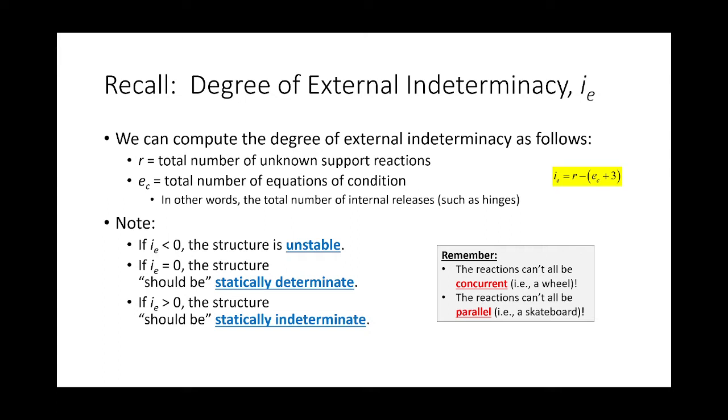If that value is negative, the structure is unstable. But if the value is non-negative, either 0 or greater than 0, it should be stable. It should be stable and determinate, or stable and indeterminate. And remember, there were some conditions for stability beyond just I equals 0. The reactions can't all be concurrent. You can't have all the reactions meeting at a common point, because then you have a big old wheel. The system cannot withstand moments. The reactions also cannot all be parallel, because then you have a skateboard.